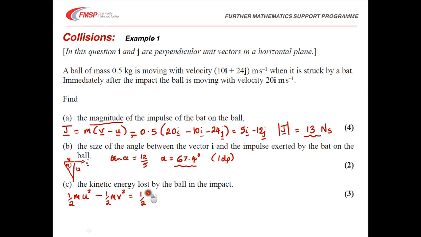I'm just going to factorise here: 0.5 is the mass, and then u squared, the initial velocity, is 10 squared plus 24 squared. From that we subtract the square of the final velocity, which is 20 squared. If we work that through, I think that gives an exact value of 69 joules. Because it's energy, it's measured in joules.